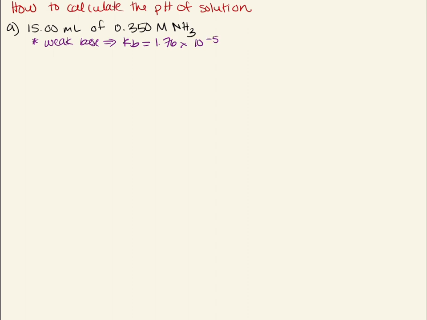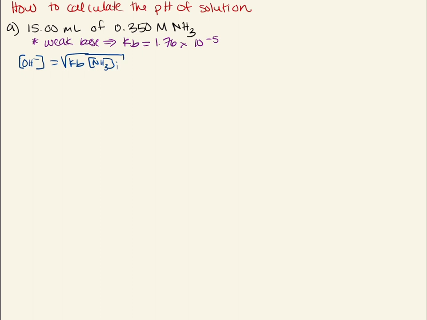Now, I don't have anything else in solution, so I can calculate this as if I were calculating the initial pH of a weak base. So I know that the concentration of hydroxide is going to be equal to the square root of Kb times the initial concentration of our ammonia. Keep in mind, this is something that we've been doing all quarter.